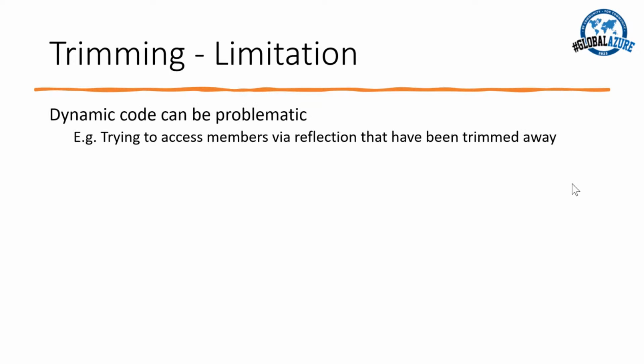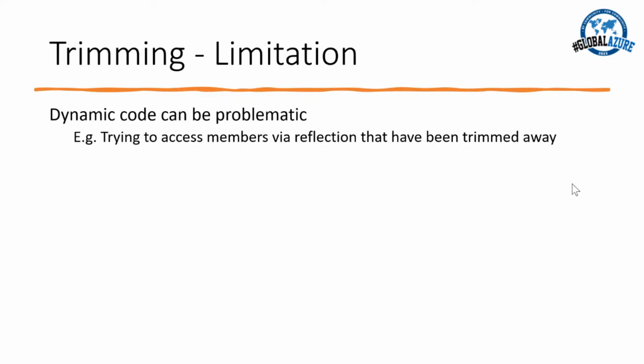First of all, dynamic code can be problematic. So if the thing that you're using is not referenced directly in the C# code that you write, it might get trimmed away. And if you use reflection to look at the types, for example in serialization use cases, a property might just be gone. Or for example, you're only using the getter, you're never calling the setter, then the setter will be gone.